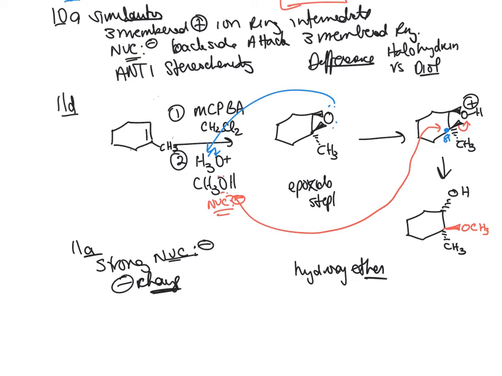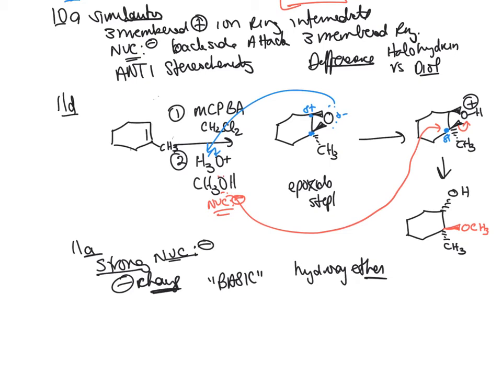So this is going to be under basic conditions. Which atom of the epoxide is most likely to be attacked by a nucleophile? Obviously it's going to be the carbon, the delta positive, because you have a delta positive carbon.